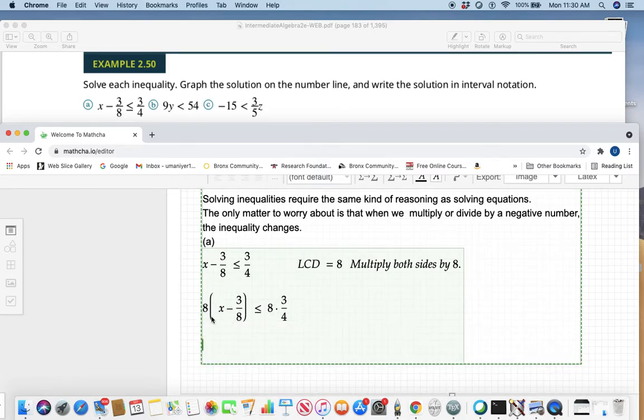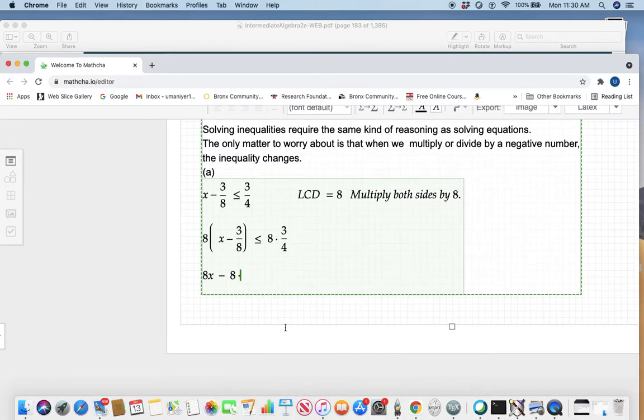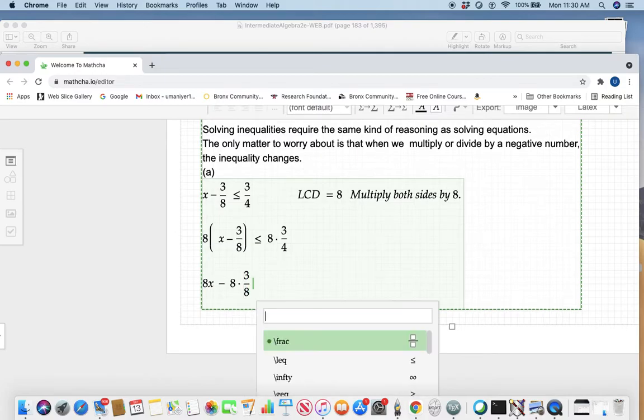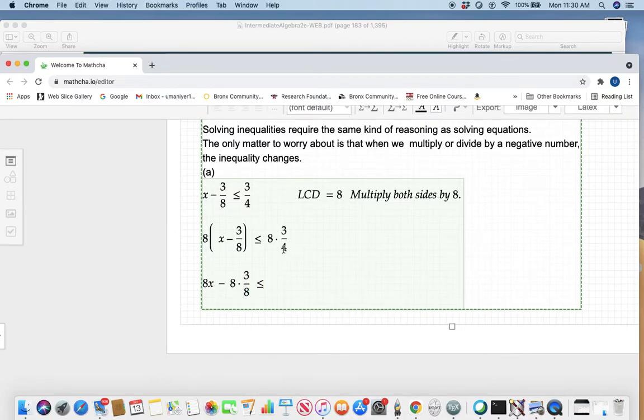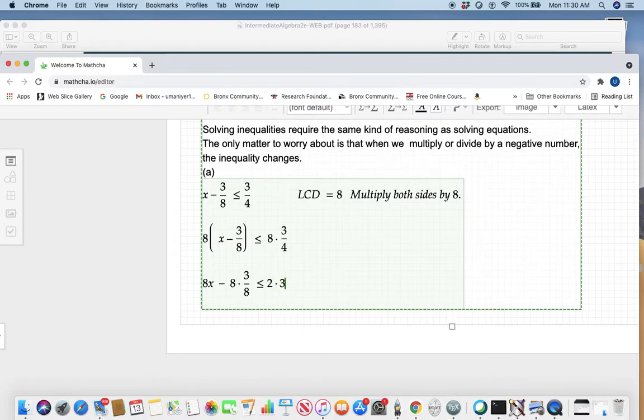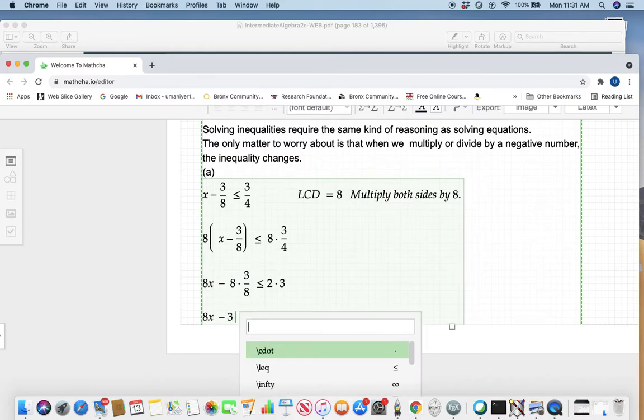This multiplication distributes: 8x minus 8 times 3 over 8 is less than or equal to... this 4 reduces this 8 two times, so 2 times 3. So 8x minus 3 is less than or equal to 6.